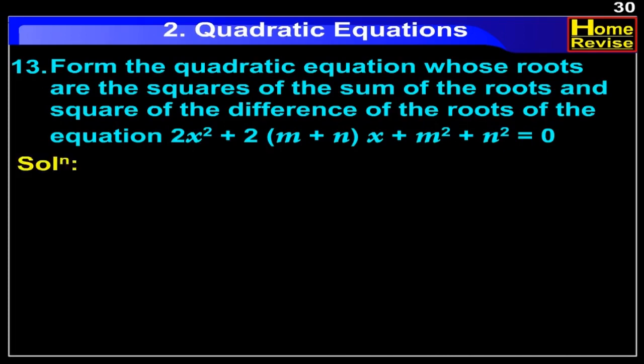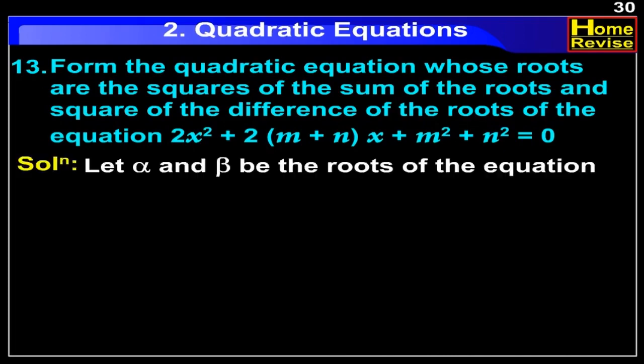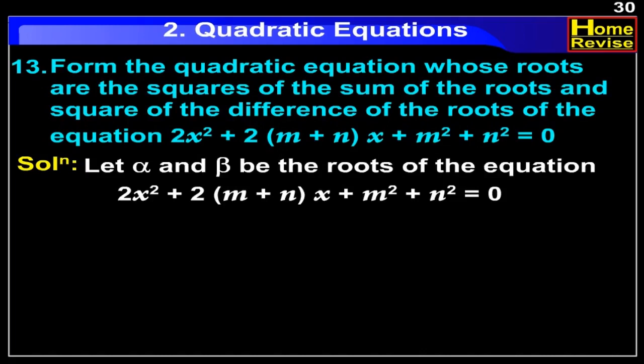Solution. Let us consider alpha and beta to be the roots of the equation 2x square plus 2 into (m plus n) into x plus m square plus n square is equal to 0.